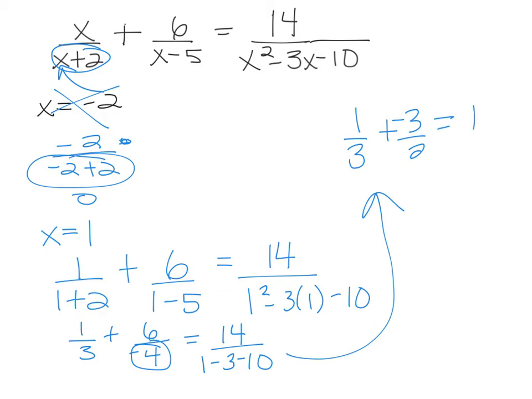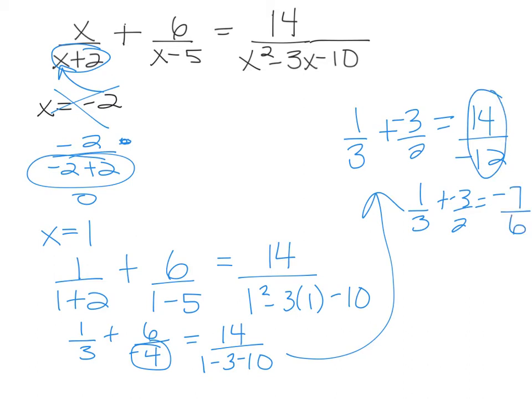And that gives me 14 over 1 minus 3, which is negative 2. Negative 2 minus 10 is negative 12. So I get 1/3 plus negative 3/2 is equal to negative, if I simplify 14/12, that's going to give me negative 7/6. So in order to add these two fractions together, I need a common denominator.